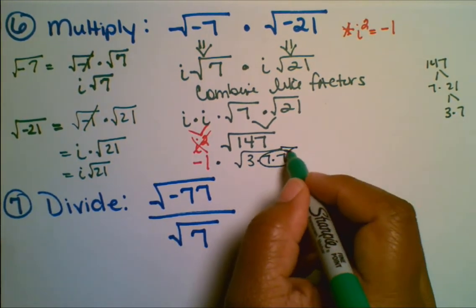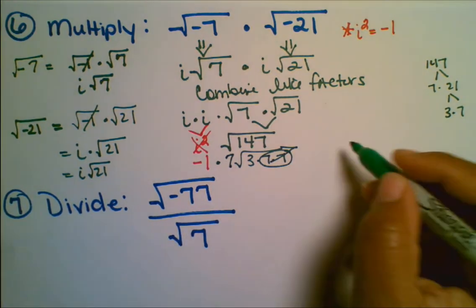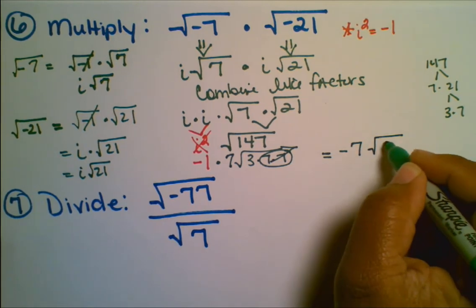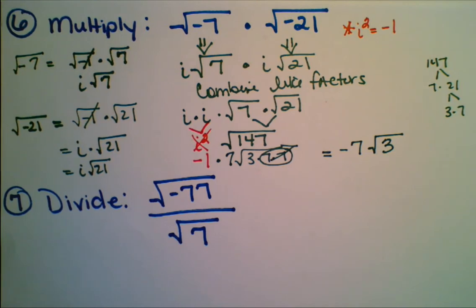We have a pair of 7s, bring it to the outside, multiply it by the negative 1. Then our solution is negative 7 square root of 3. And there we go. Do not multiply radicals when the radicands are negative. Take out the negative 1 factor.